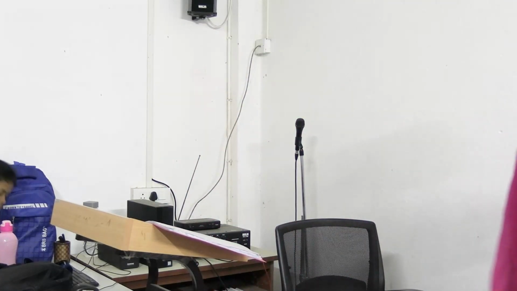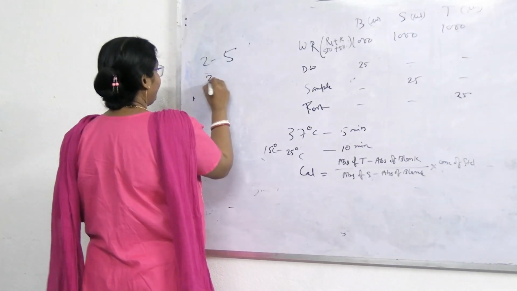The reference value for this kit is 2.5 to 6.8. Actually, in Vasudevan it is 2 to 5 and 3 to 7. So, what did you write previously? 2 to 5?